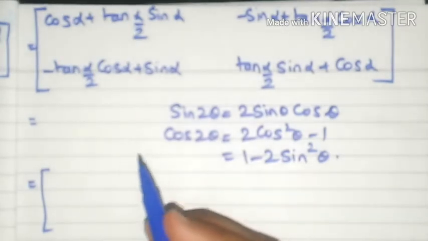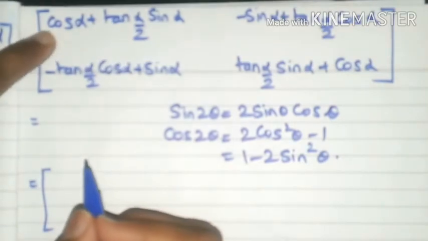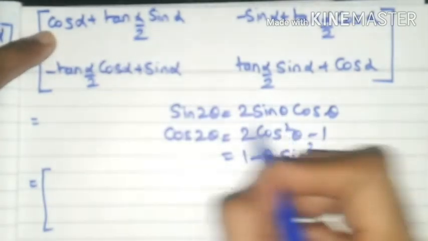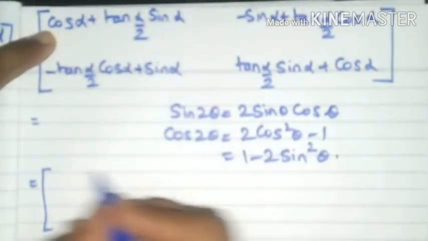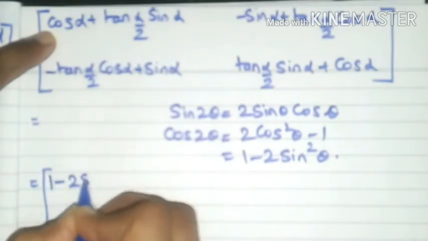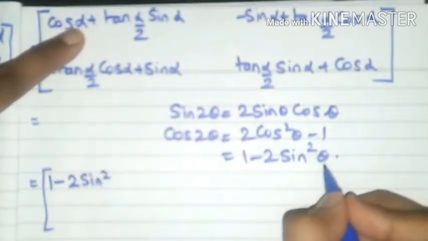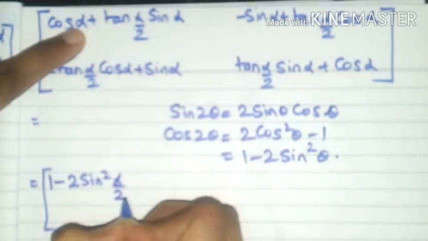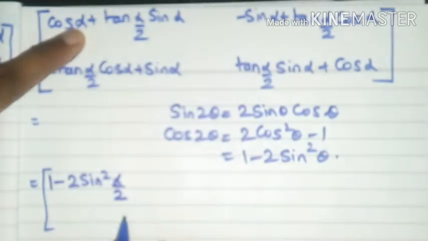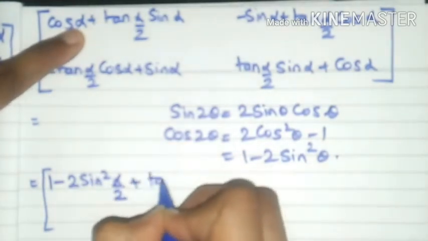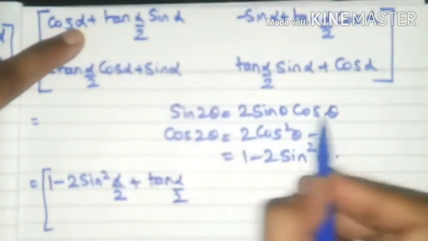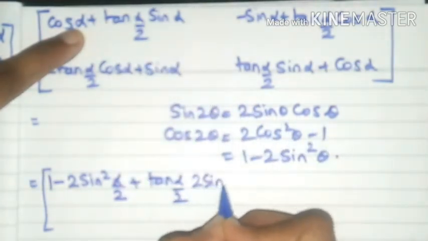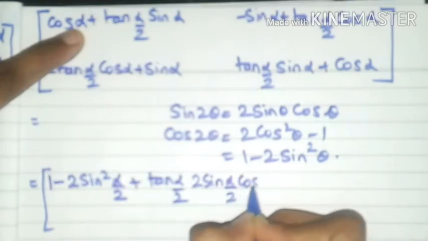So cos alpha, we have to use any of these two formulae. So let us write 1 minus 2 sin square. Now half of alpha will be alpha by 2. So 1 minus 2 sin square alpha by 2 plus this I will keep as it is. Now sin alpha by 2 I can write like this, 2 sin alpha by 2 cos alpha by 2.